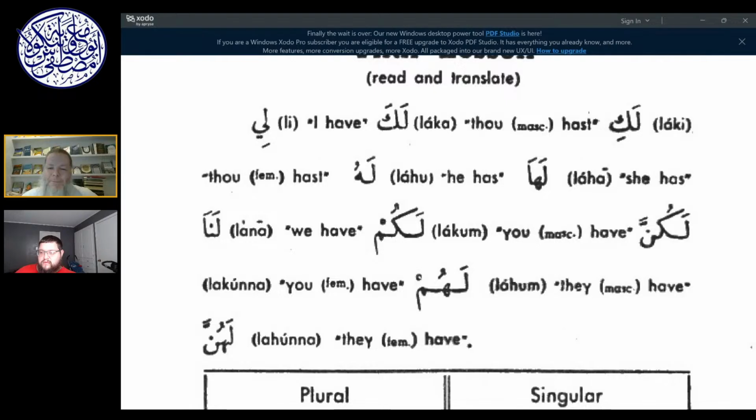And then as you learn other words from other reading that you might be doing and practicing on your own, you can plug and play that sentence. So maybe, for instance, you learn sayyara. Sayyara is car. We're not going to learn that right away. That's going to be later on. But you know the word sayyara now. You heard it. Somebody told it to you, right? So you say, li sayyara, laka sayyara, lahu sayyara. It makes sense. So inshallah it is going to be easy for us.